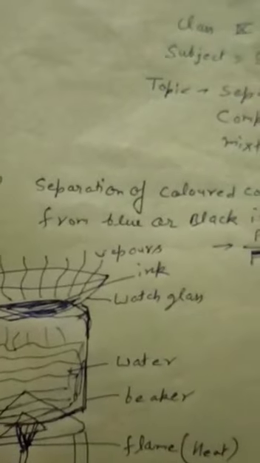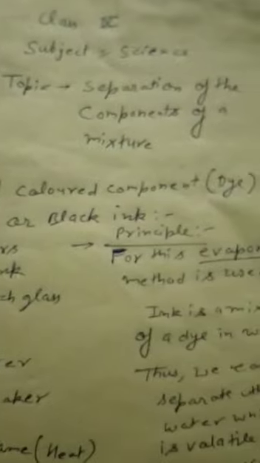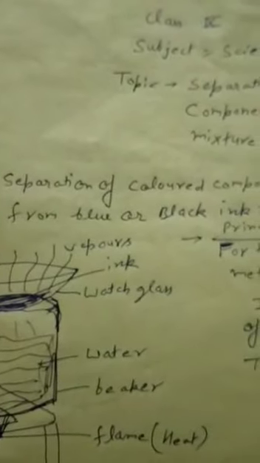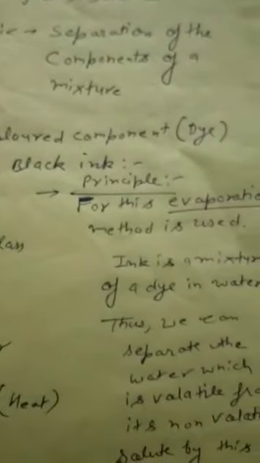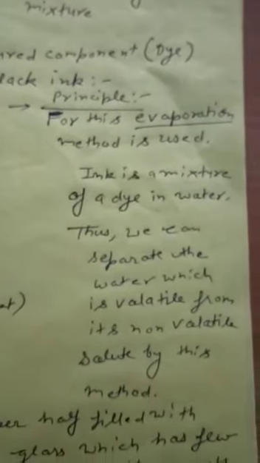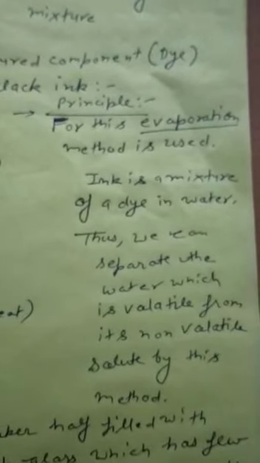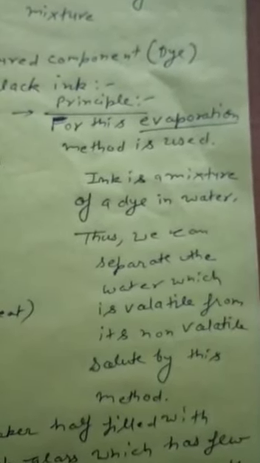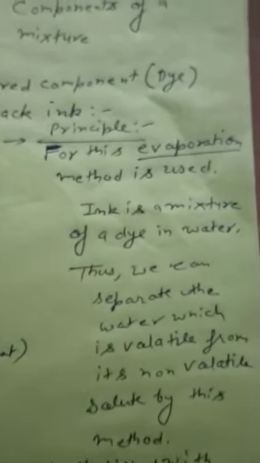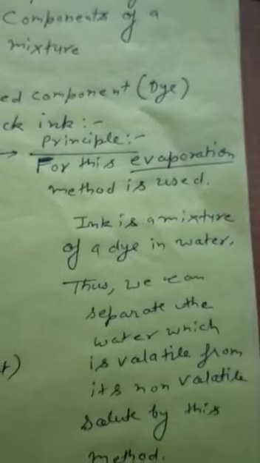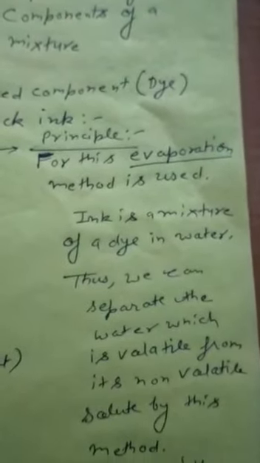The first one is separation of the colored component, that is dye, from blue or black ink. Ink is a mixture of dye in water. So for this purpose of separation, we will use evaporation. This method is used for the separation of dye.